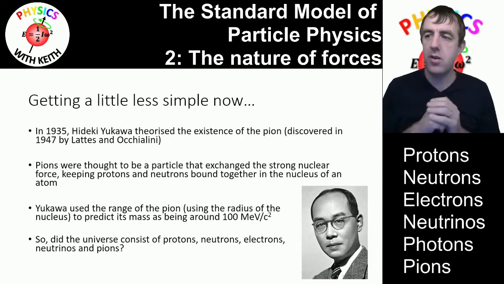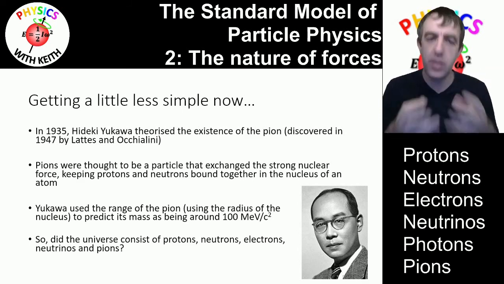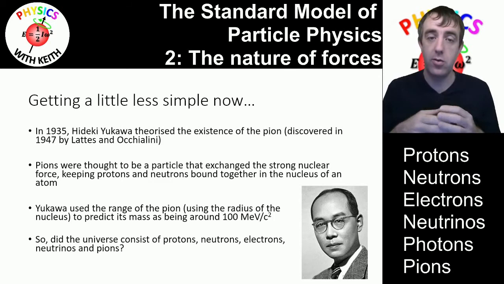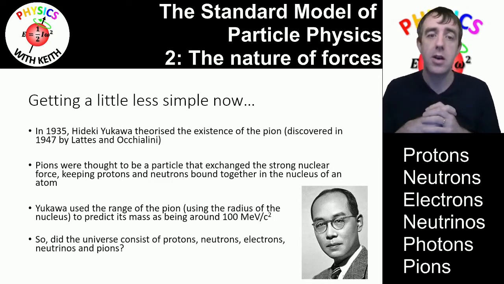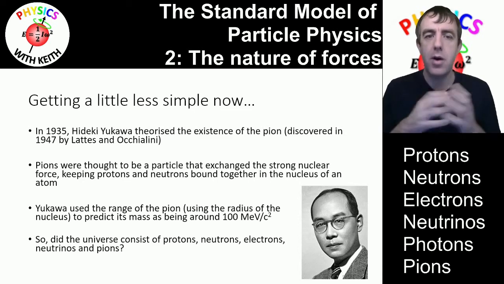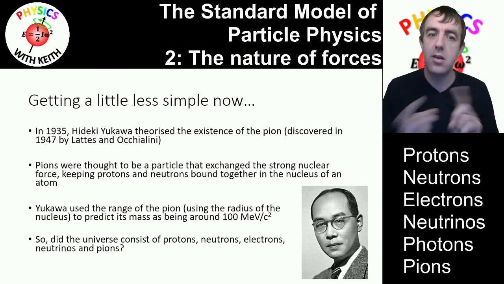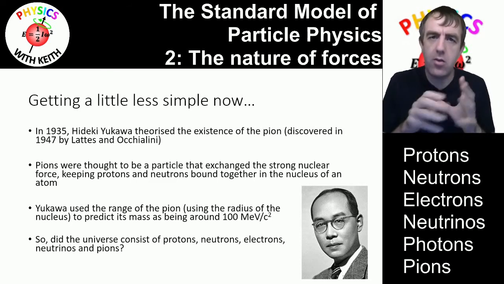But using that analogy, Yukawa said, well, what if there was a particle that was exchanged for the strong nuclear force? And he named it the pion. And the pion was actually discovered, but we'll come to that in a bit. So the pion was thought to be this particle that is exchanged between protons and neutrons, but it's not exchanged between electrons.